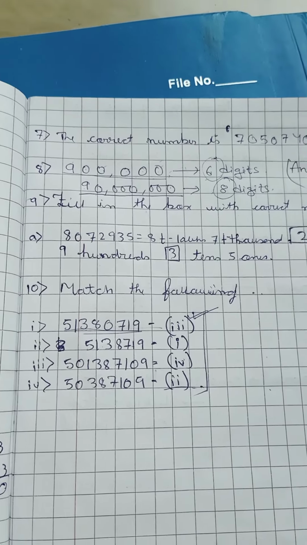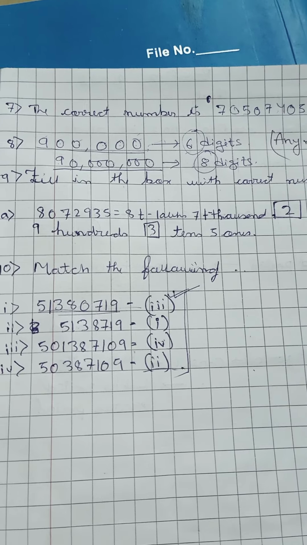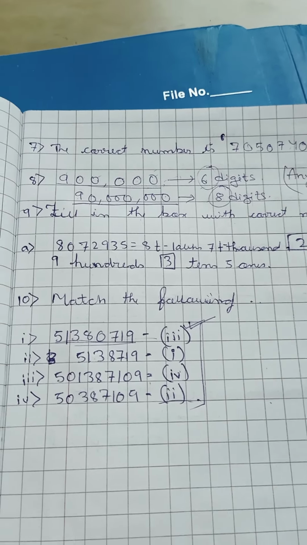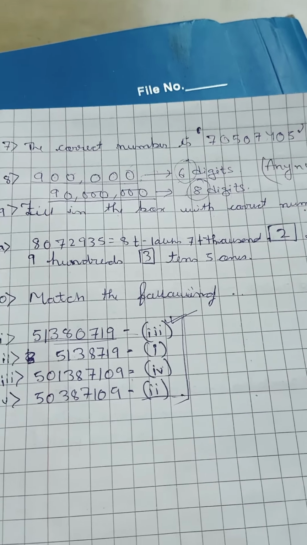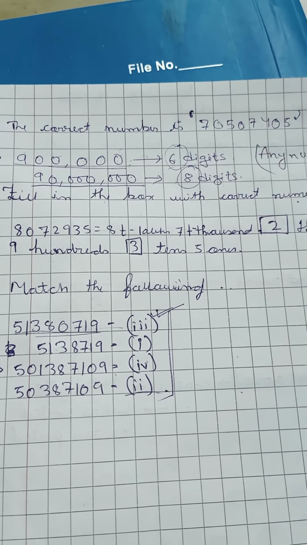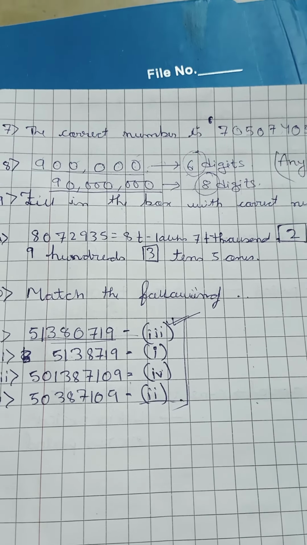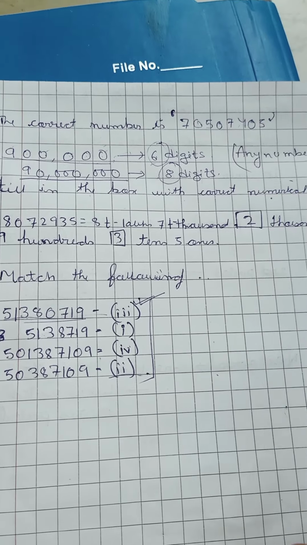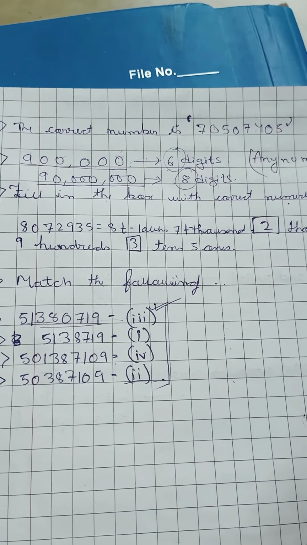So go to the next number, that is 9. You have to fill in the box with the correct numerals. That means you have already done expanded forms. Expanded forms you have already done. Here you have to do the same thing.